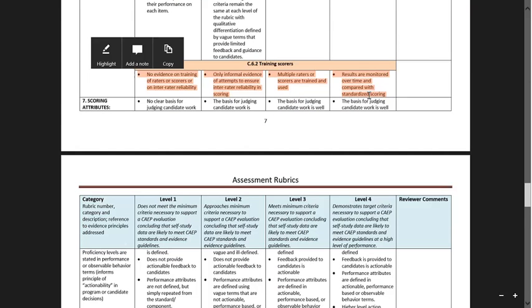I actually did a very brief survey of some criteria for inter-rater reliability that was available online. And not only is it about having multiple scorers and having training sessions for those scorers, but have you had multiple trainings?